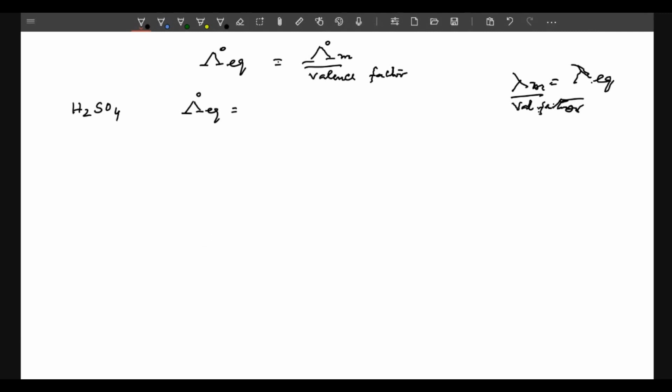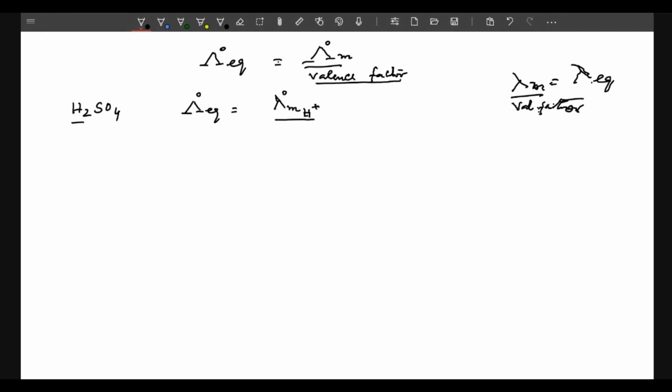First, you have to make use of the lambda m of H plus. How would you make use of this one? For which you have to find out the valence factor. How many valence factors are there?